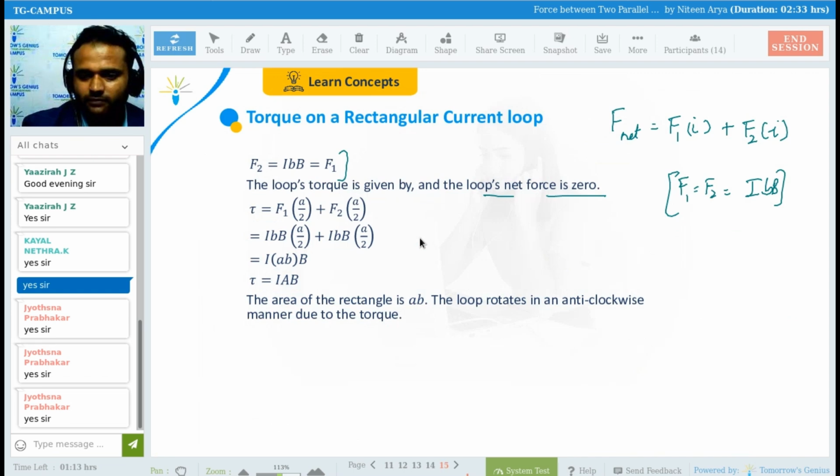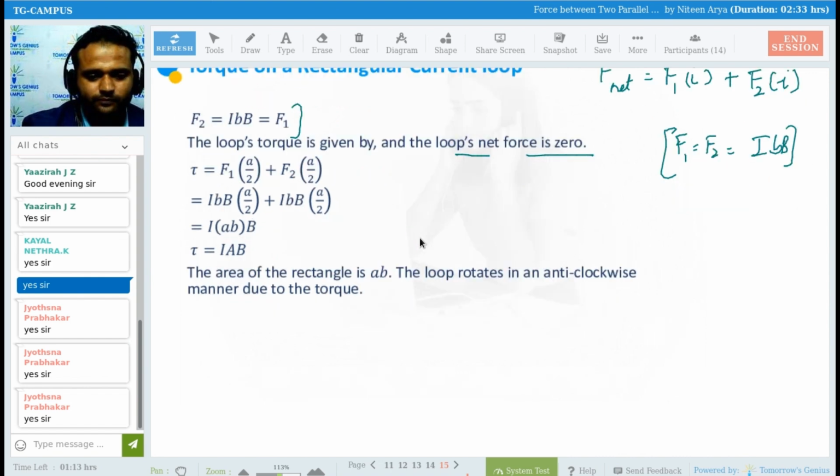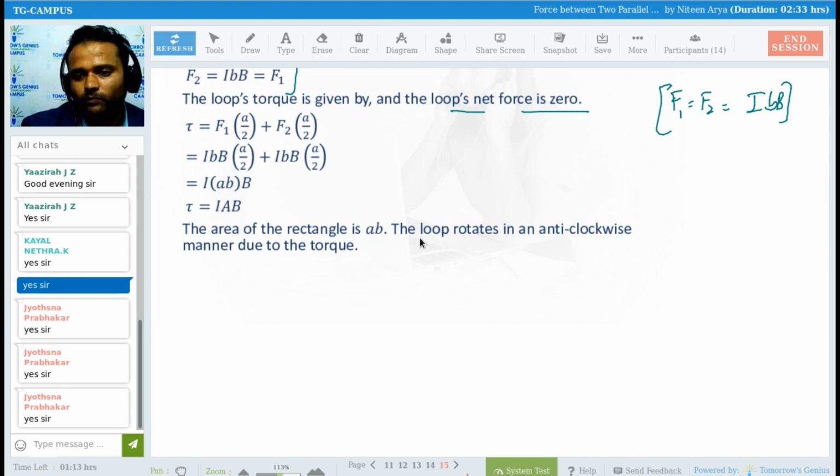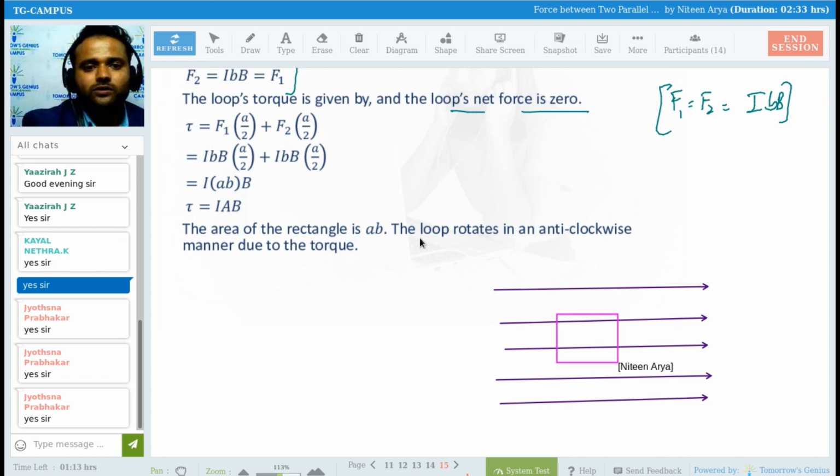Okay, I can draw here. Clear the page and then you can understand. Suppose this is your magnetic field B. In this magnetic field, we have this loop, not this much, this one.